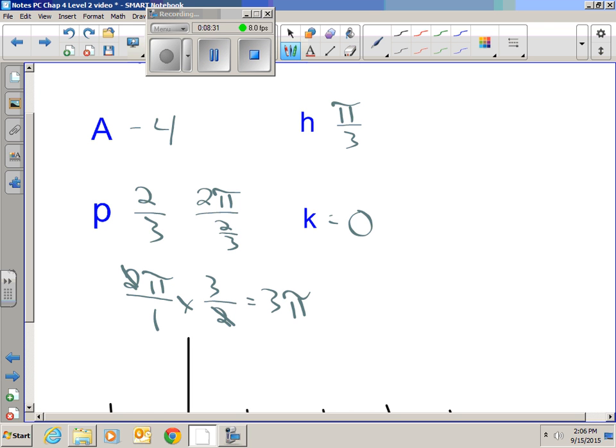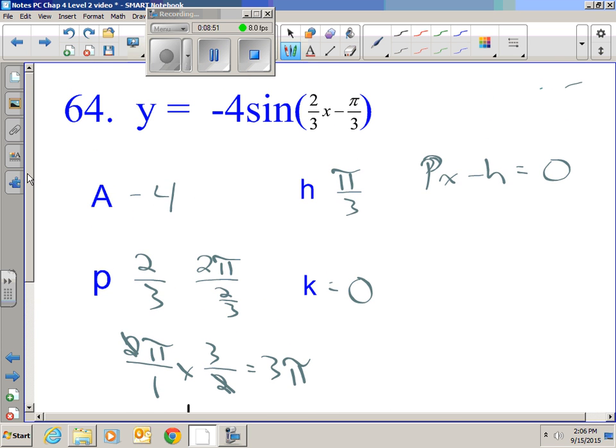And now my starting point, what I'm going to do is I'm going to use the formula px minus h is equal to 0, and solve that for x to find the starting point of my graph. Okay? So, in other words, I'm going to plug in 2/3 x minus pi over 3 is equal to 0, and solve that for x.